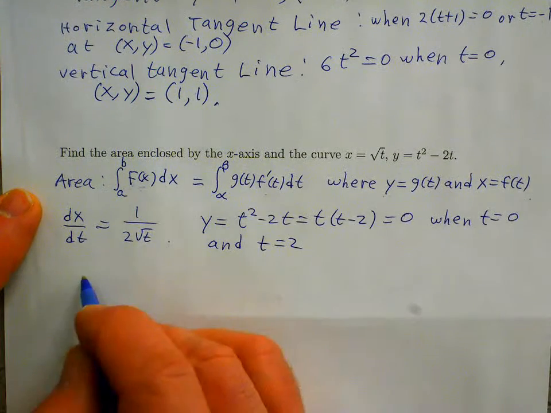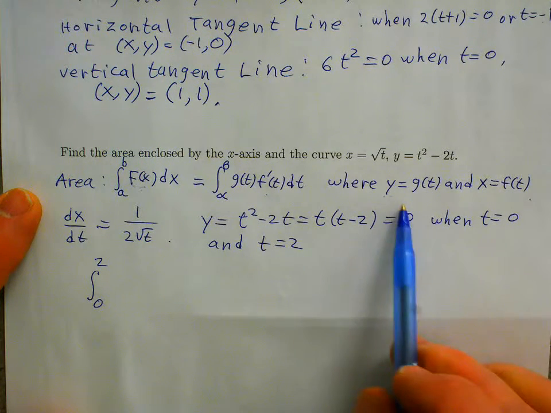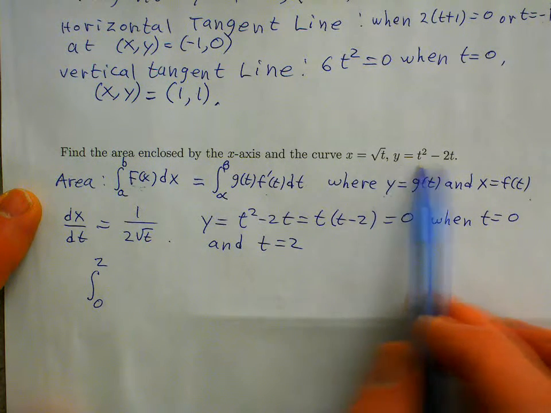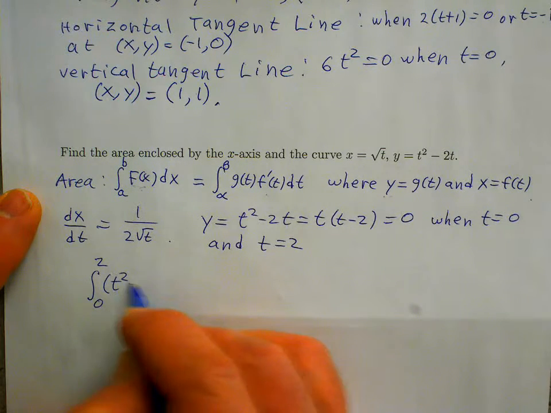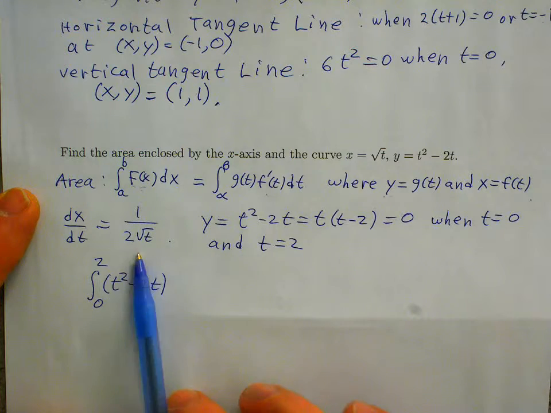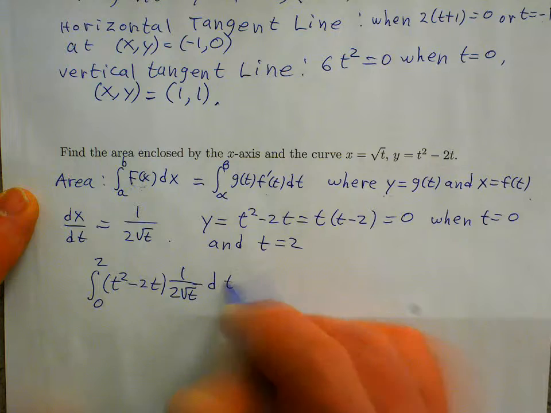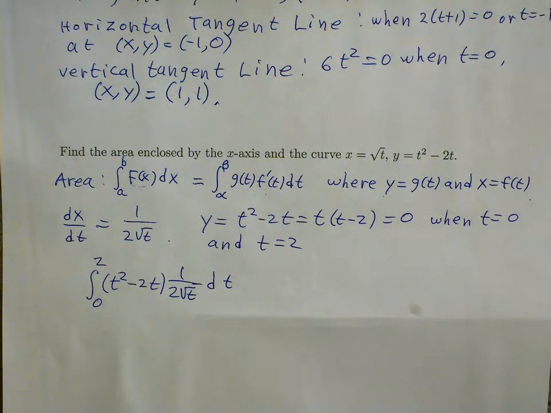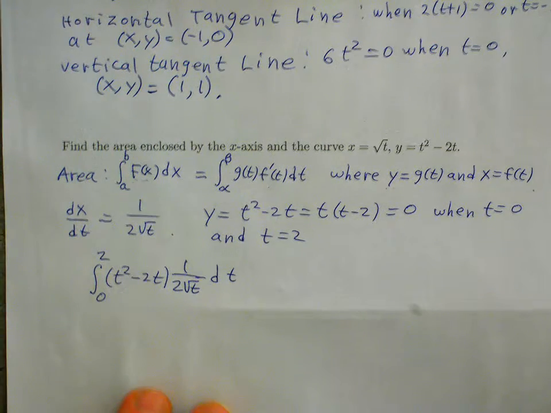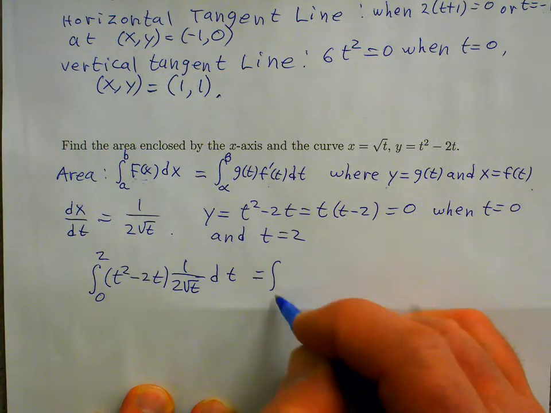So our integral then from 0 to 2, g of t is what y is equal to. That's t to the second minus 2t, times f prime of t, which is 1 over 2 times the square root of t, dt. We'll take it a little bit further.